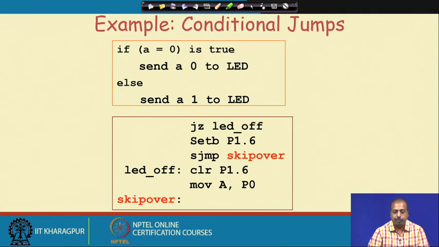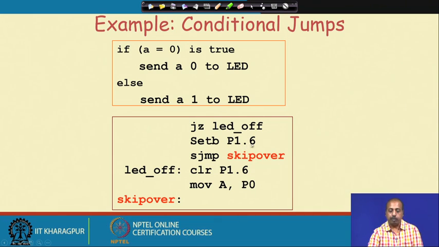LED off will turn off the LED, so it will clear port P1.6, assuming that the LED is connected to port 1's bit number 6. And then it will be SJMP to skip over. Otherwise it will come to this point and set B. If it is not 0, then it will turn on the LED. That is the second part, the else part, coded here.